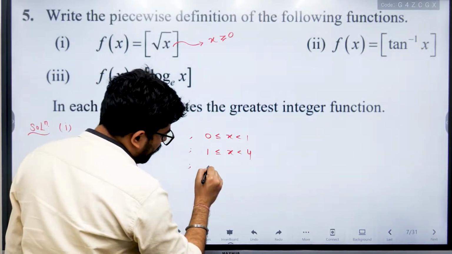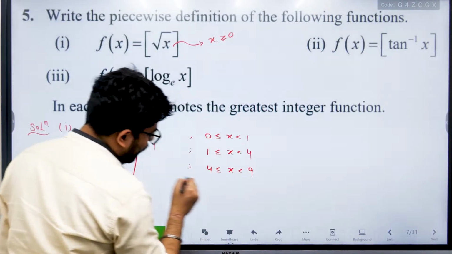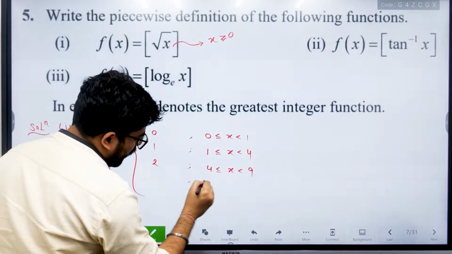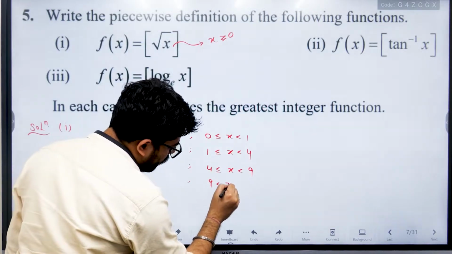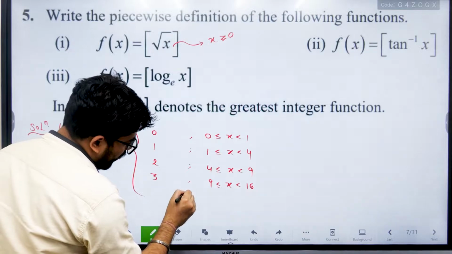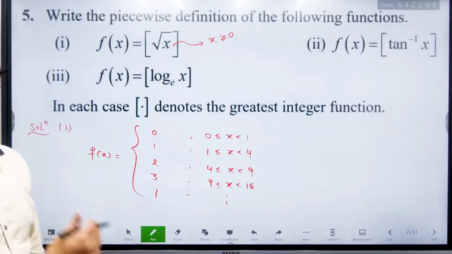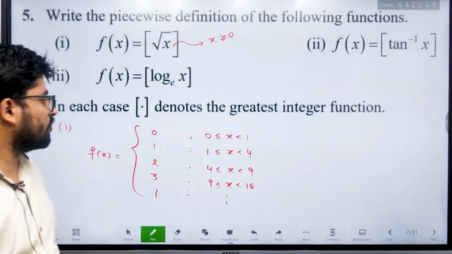Next is 4 to 9, value is 2, and 9 to 16, value is 3, and so on. Similarly, you can define your function, greatest integer of root x.